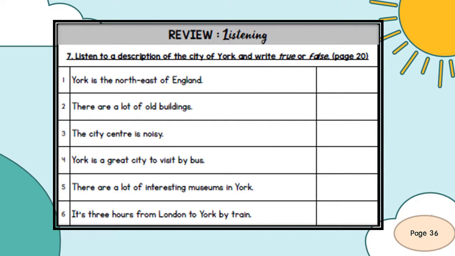Good afternoon, everyone, and welcome to the city of York. York is on the River Ouse in the northeast of England. It's a beautiful city, and there are a lot of very old buildings. The city centre is very quiet, and there aren't a lot of cars here during the day, so it's a great city to visit on foot.